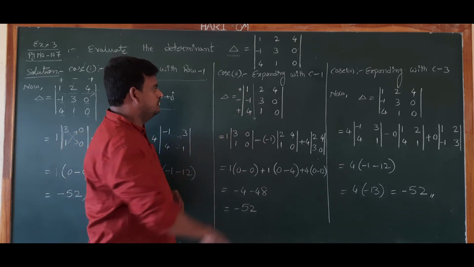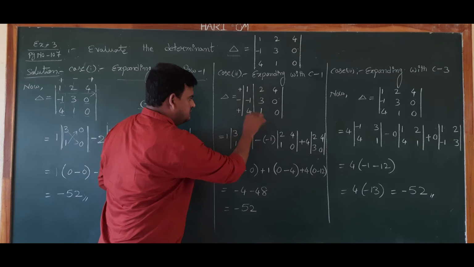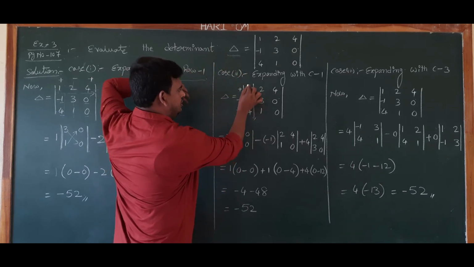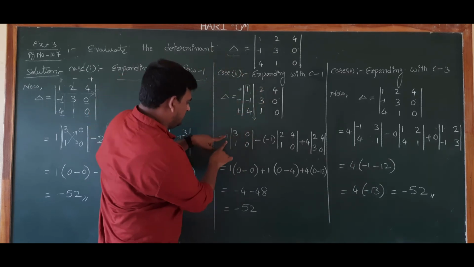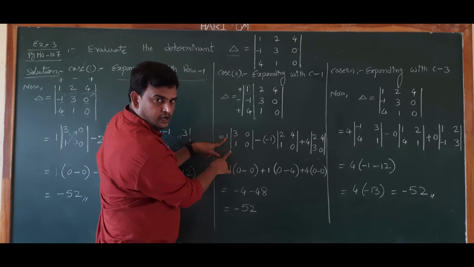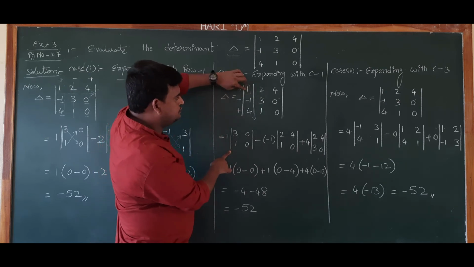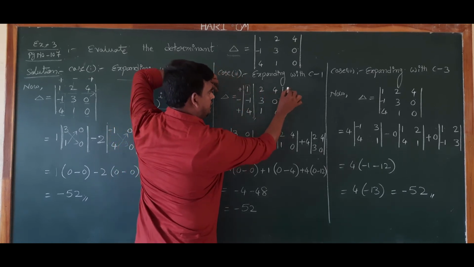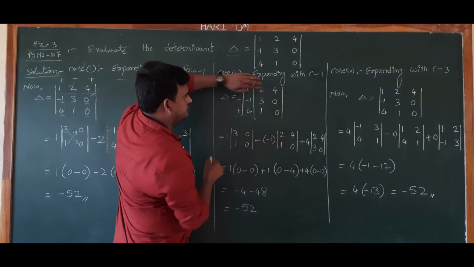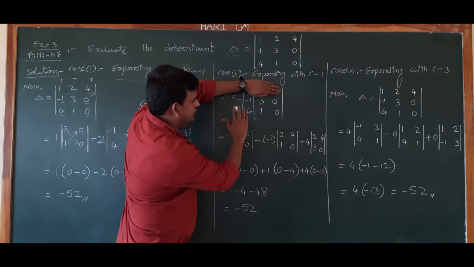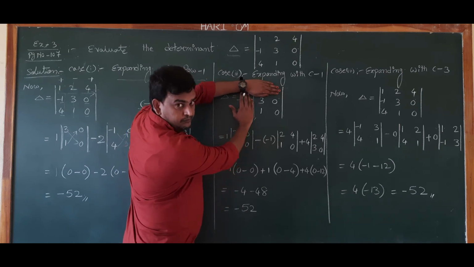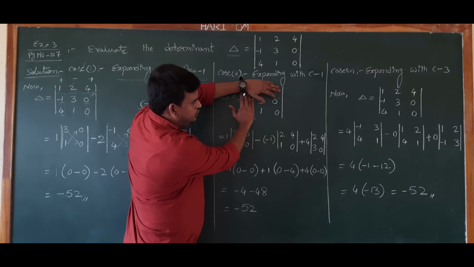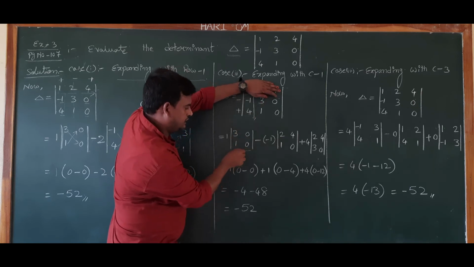Let us think about the first element, 1. So 1 into: when we are choosing the element 1, we have to leave the entire row and the entire column. So leaving the first row and the first column, again we have a 2 by 2 determinant, that is 3 0 1 0.